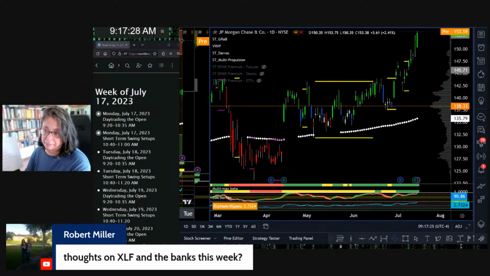Financials, specifically bank stocks, are the number one weighted sector in the Russell and in the Dow. So when I see the clarity at the top of the food chain at the index level, and then we see relative outperformance in KRE or XLF, then not only can I trade those two, I can also look at the individual stocks. So that's my thought.